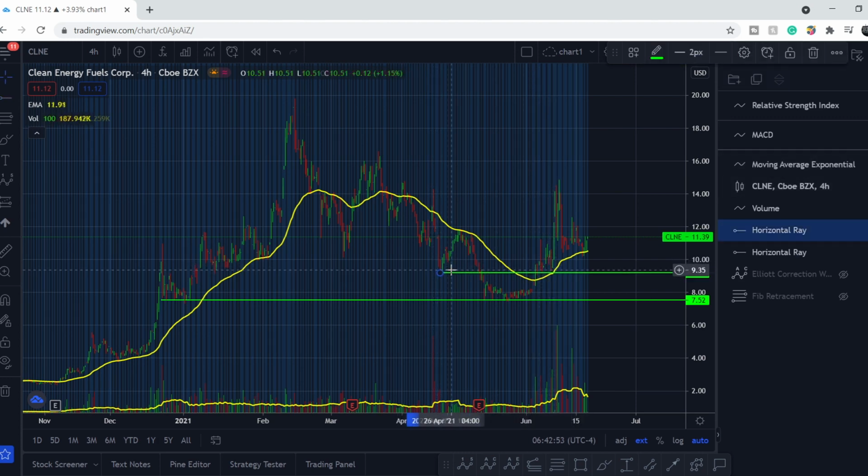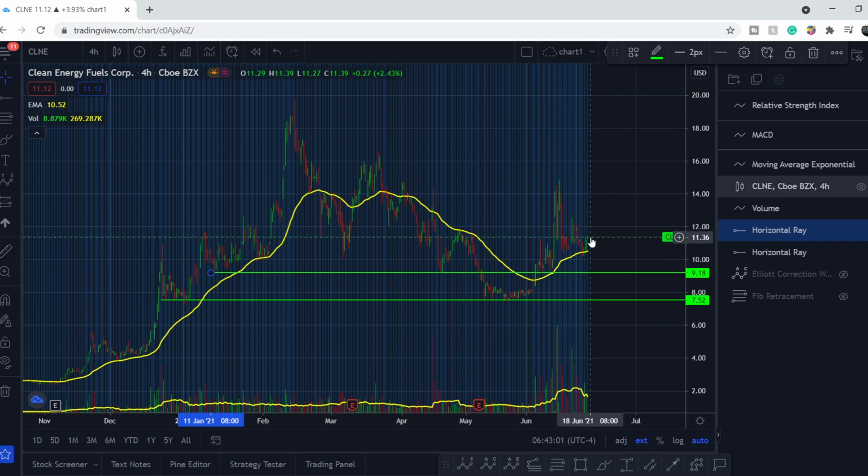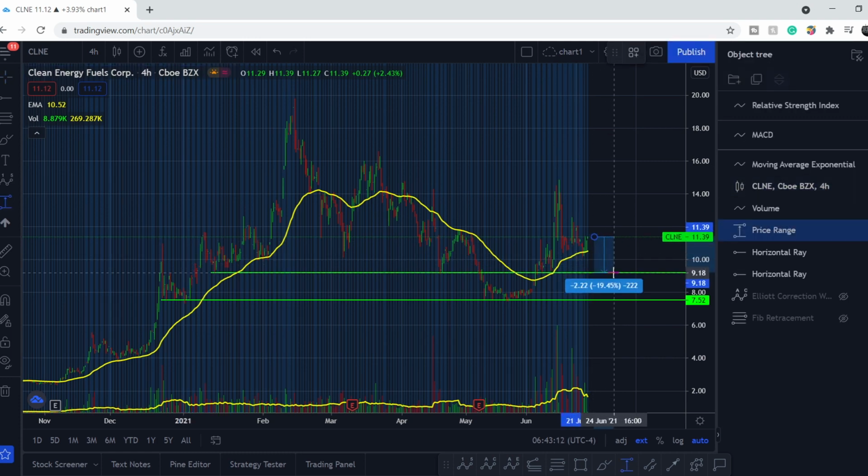As you can see from our current price, the first level of support is about 20% from our current price, and the second level of support is about 34% from our current price.